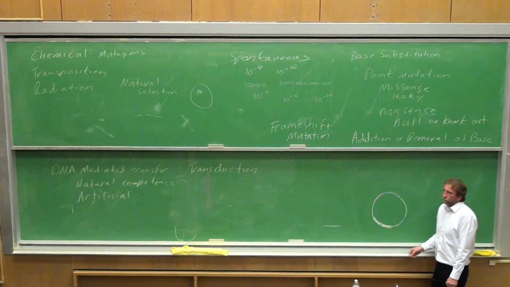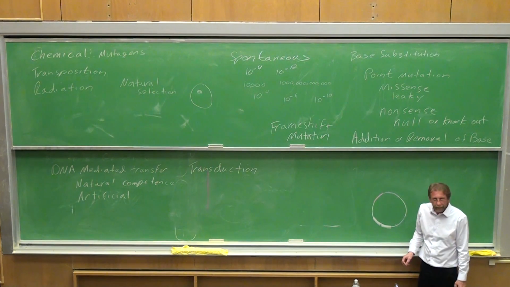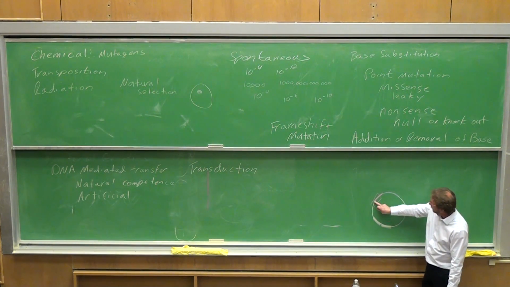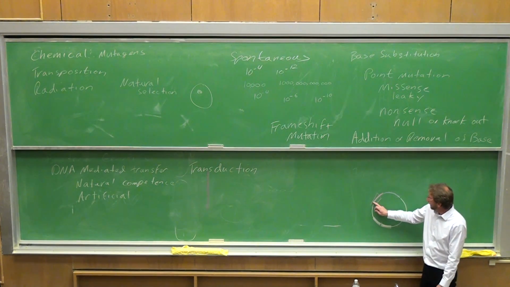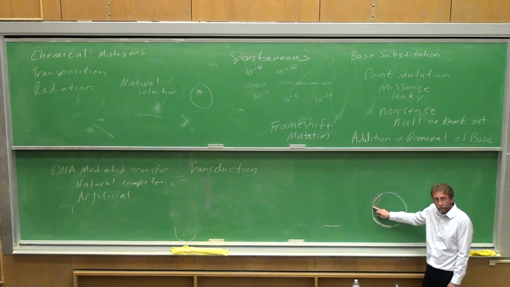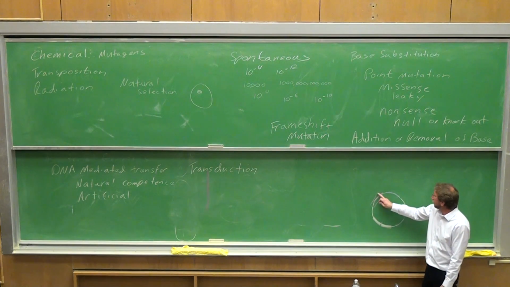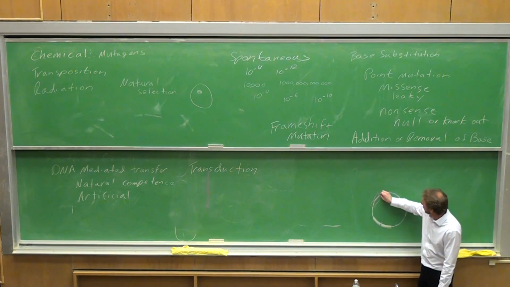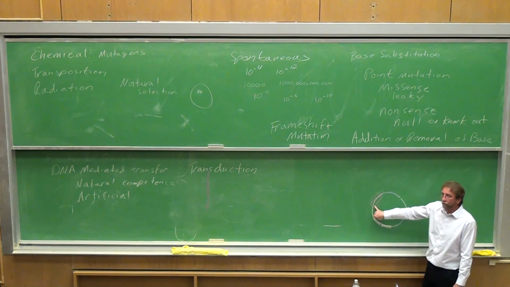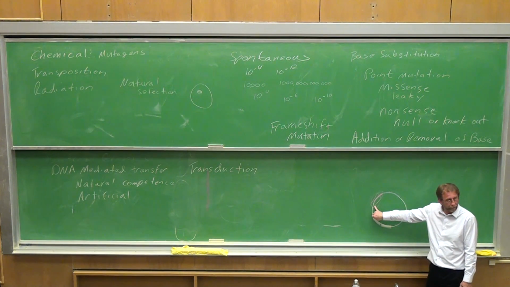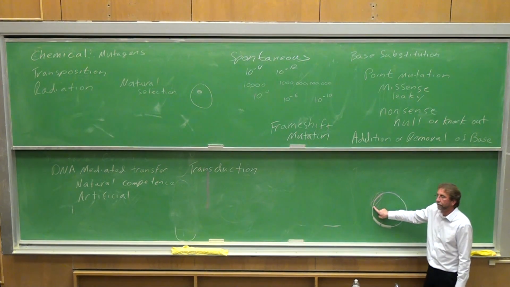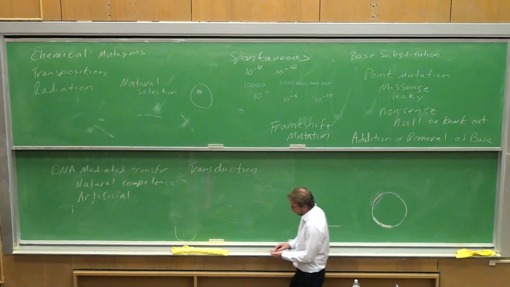Now, when it gets ready to leave, excise itself out, it does so, but maybe incorrectly. And it takes some of the host DNA with it, leaves some of its DNA behind. In doing so, when it goes to infect the next bacterial cell, it's going to bring some of this host DNA with it. Two types of transduction.